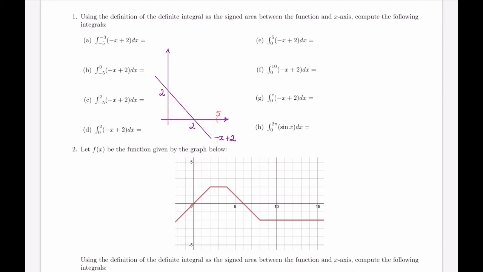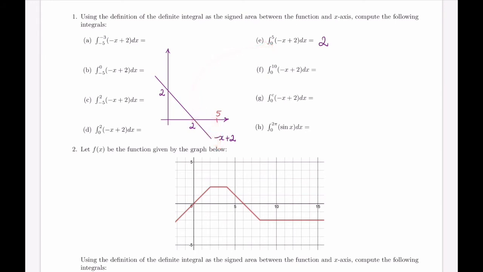So for the first part, for the integral between 0 and 2, my area is positive. So I'm going to have a contribution of 2, because that is the area of this little triangle piece. Between 2 and 5, the graph lies below the x-axis, so the area of this resulting triangle in the calculation of the definite integral will count negatively.